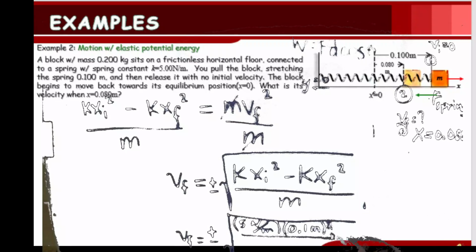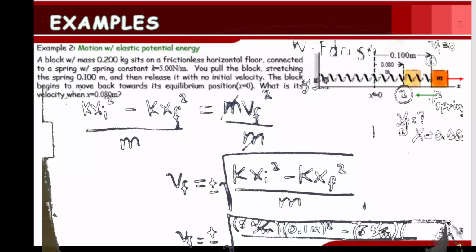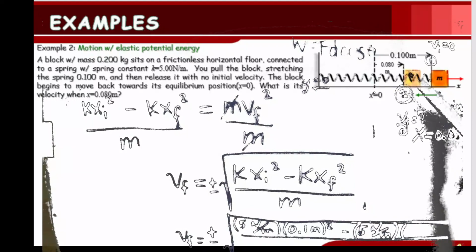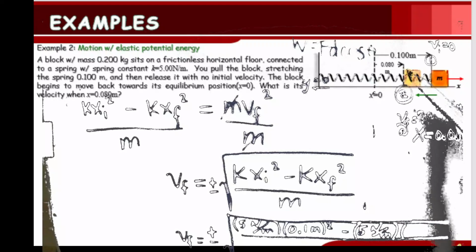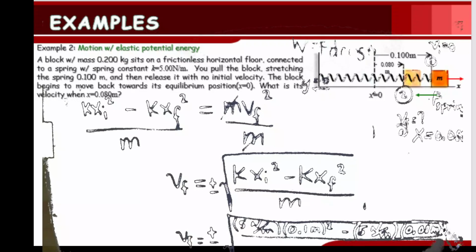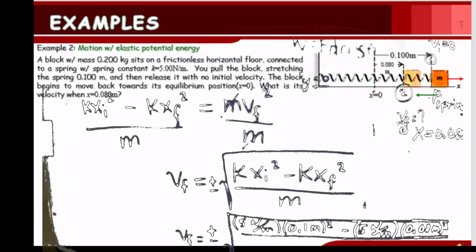Do not forget to square. Next, minus, our k again, 5 Newton per meter, times our final position x, which is positive 0.08 meter, squared.